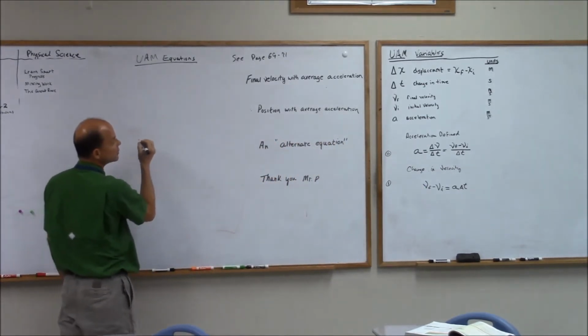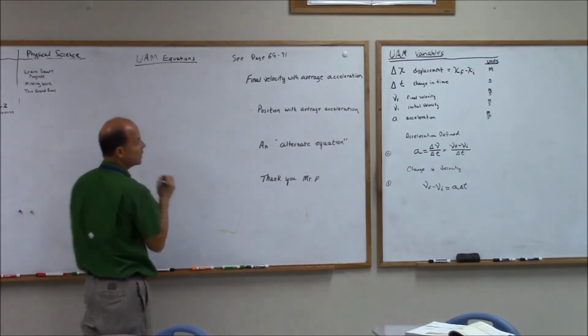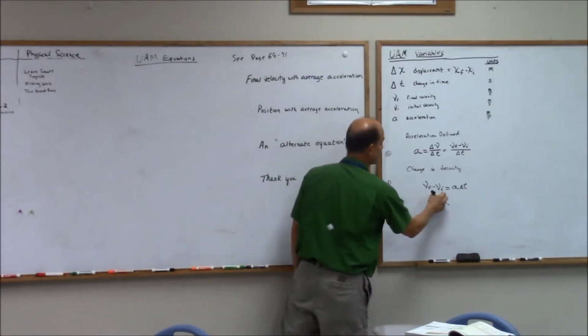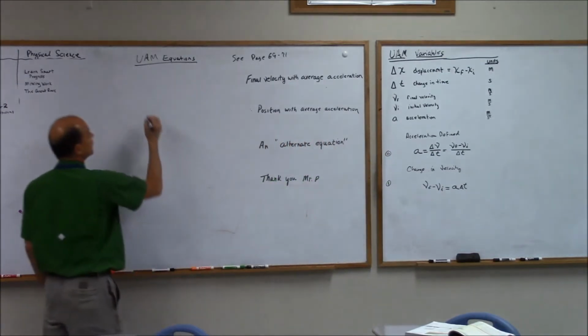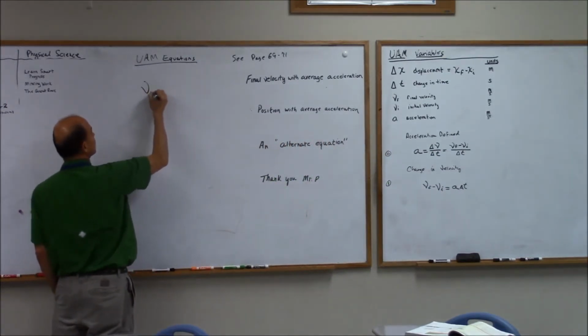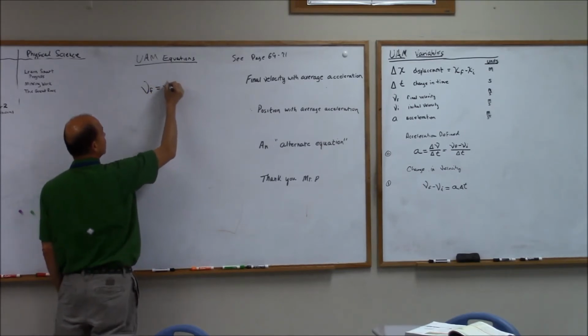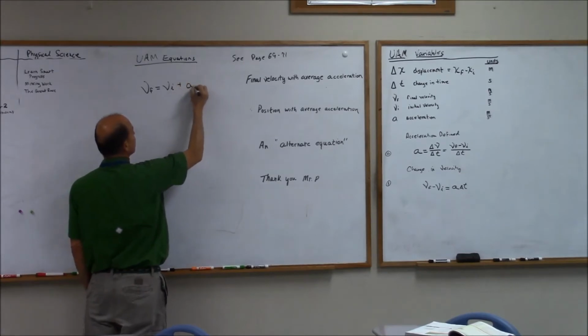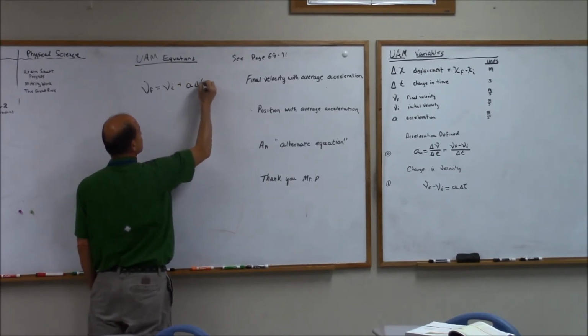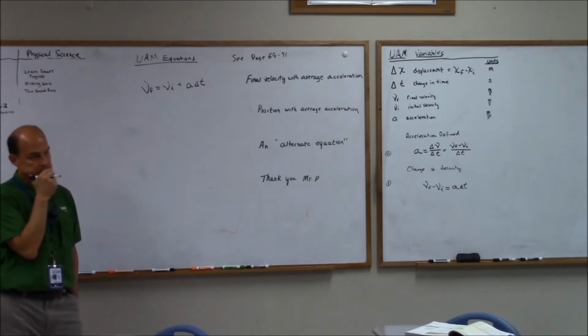uniform accelerated motion equation. Now what I'm going to do is rewrite this and just solve for Vf so that I have the final velocity is equal to the initial velocity plus acceleration times the change in time.